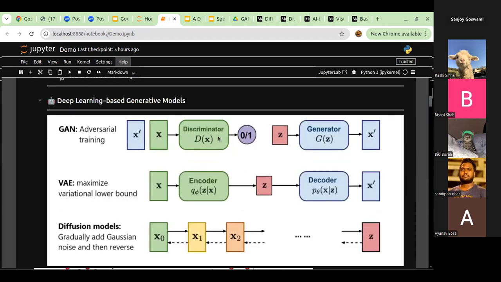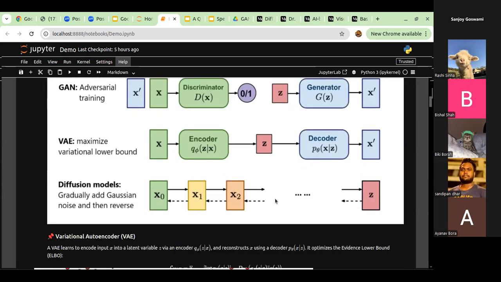Based on the value or score, you can learn whether the generator is near to similar or not. Then in diffusion, we use chain probability.